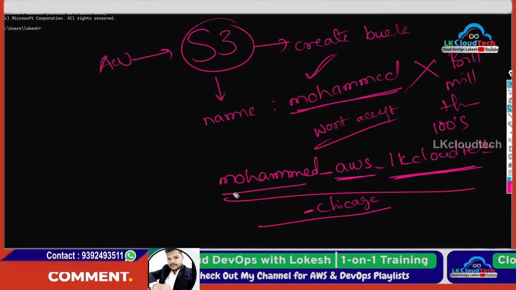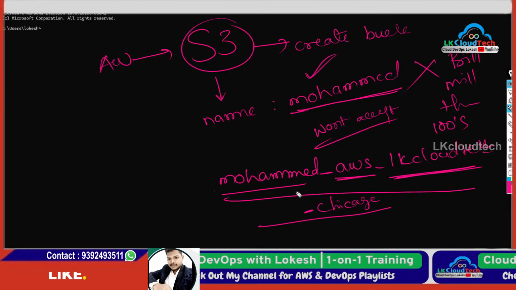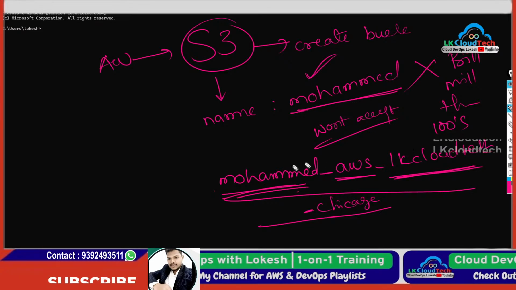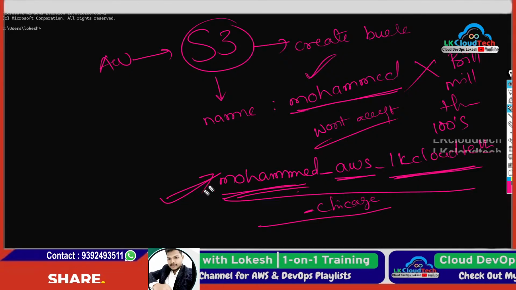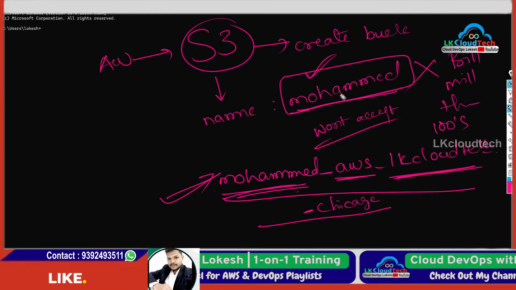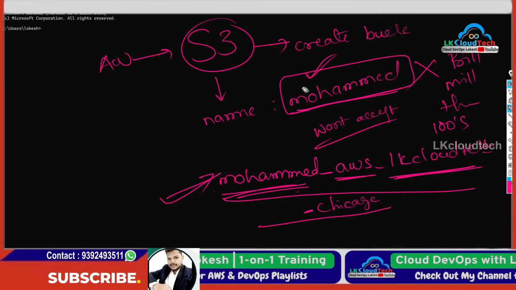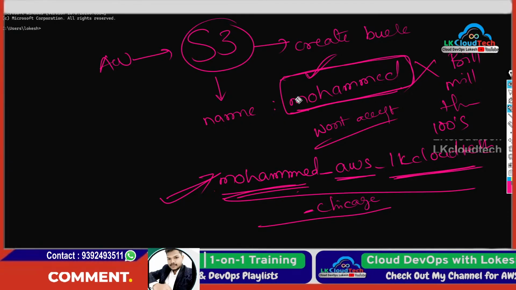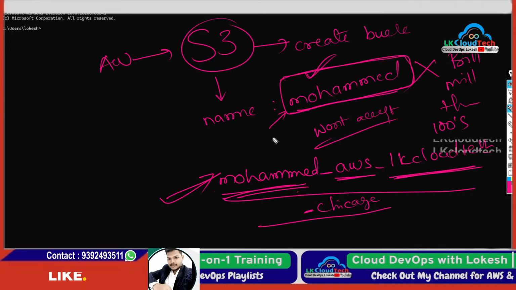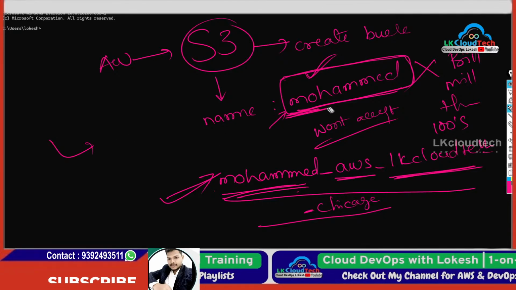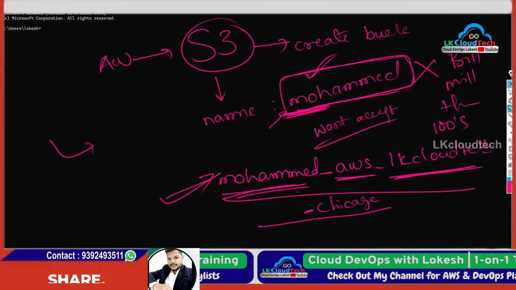You have to follow some kind of naming convention, such kind of format. If you follow this, your bucket will be created. Otherwise, a simple text won't be taken. It may seem to take, but somebody has already created it. If one person creates a bucket with one name, then across the globe nobody else can use this name again. It will already be used. That's it. You understood?